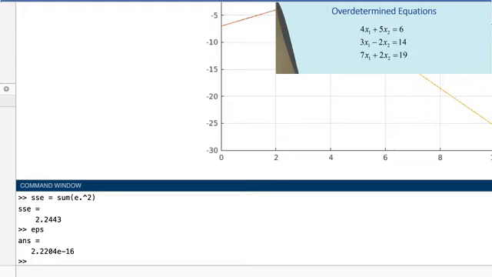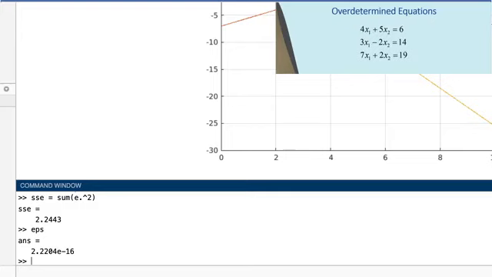In MATLAB, it also stands for a small number, but it's not so arbitrary. Eps is the difference between the number 1.0 and the next largest number that a double precision value can represent. If the value of the sum of squared errors for your solution is more than, say, 1,000 times eps, then you can be almost certain that you've either typed something wrong or you're solving a set of overdetermined equations.